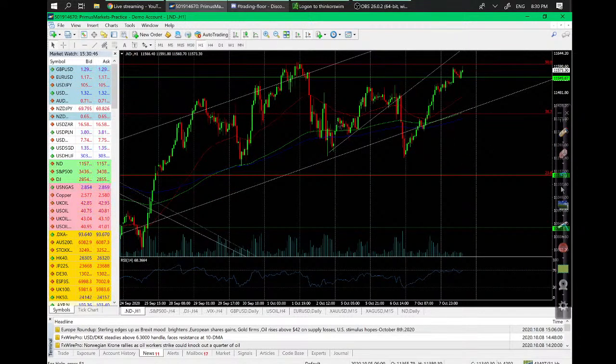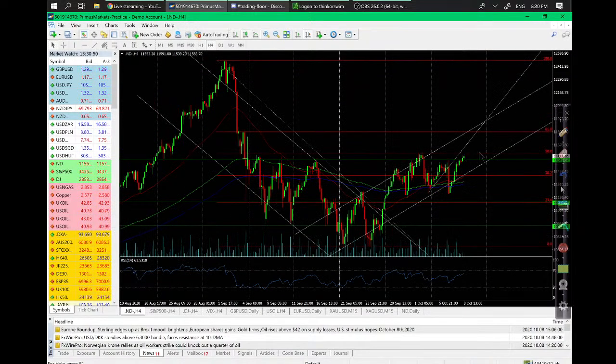Now, of course, we are at a very critical level here with the NASDAQ, about to breach this 50 fib zone here, and we are actually hovering above this crucial resistance here, which is the green line. If we can hold above this level today, we will see a nice little rally.